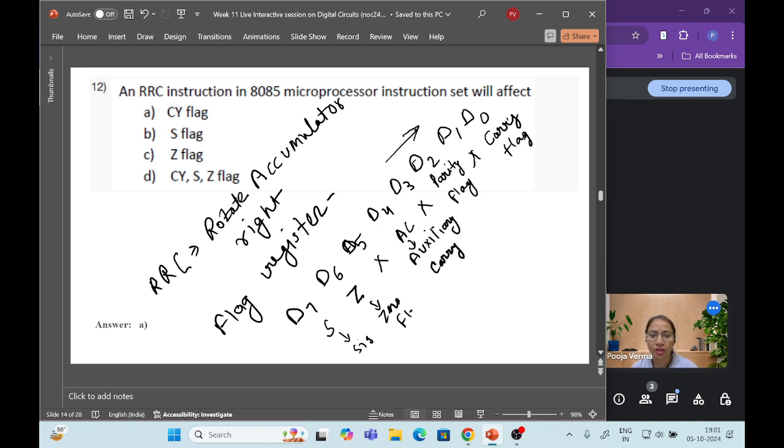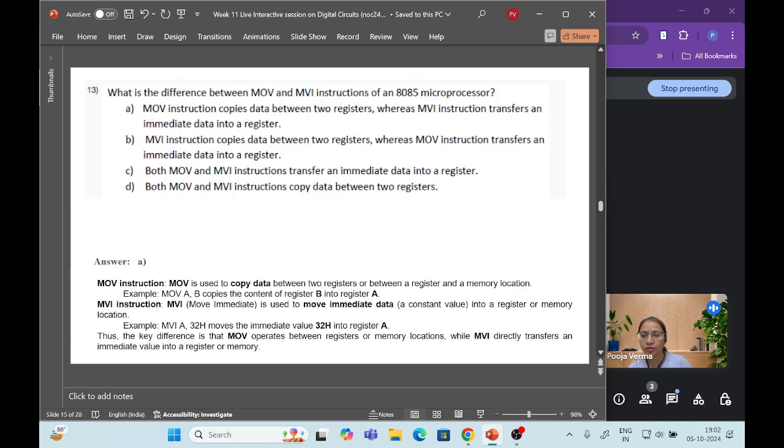So only the carry flag will be affected, not the other flags. So option A is the correct answer for this question. This is the basic one, you can see it anywhere. Okay, so moving to the next question.